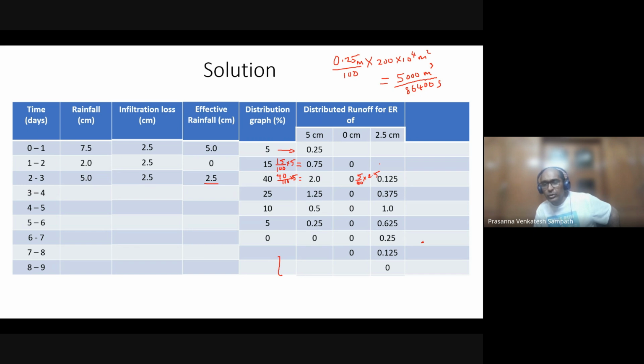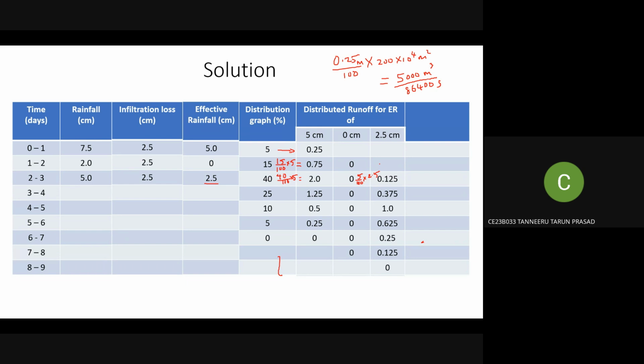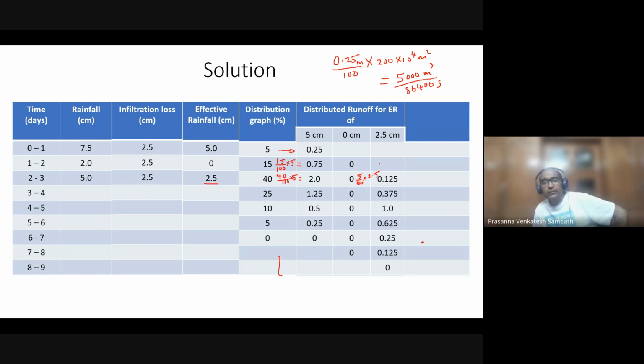Quickly do it and unmute yourself and just say it out loud. 0.058. Okay. 0.058 meter cube per second.